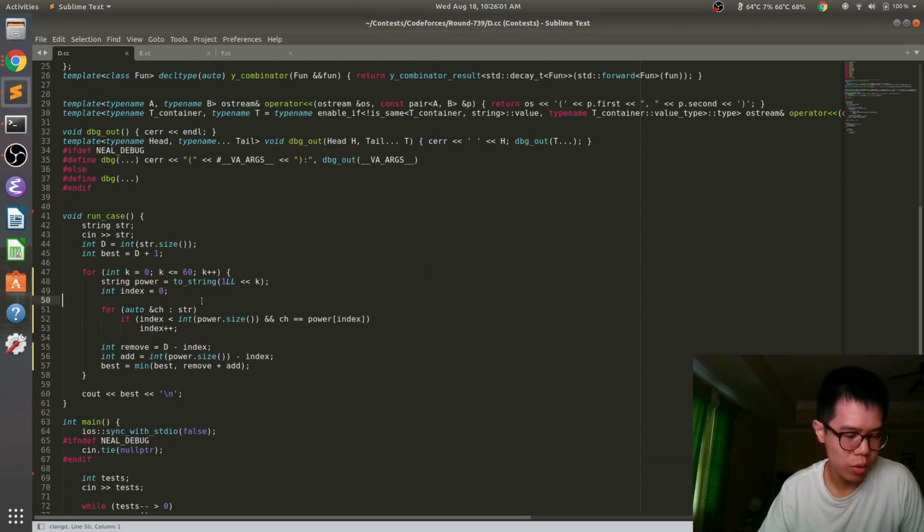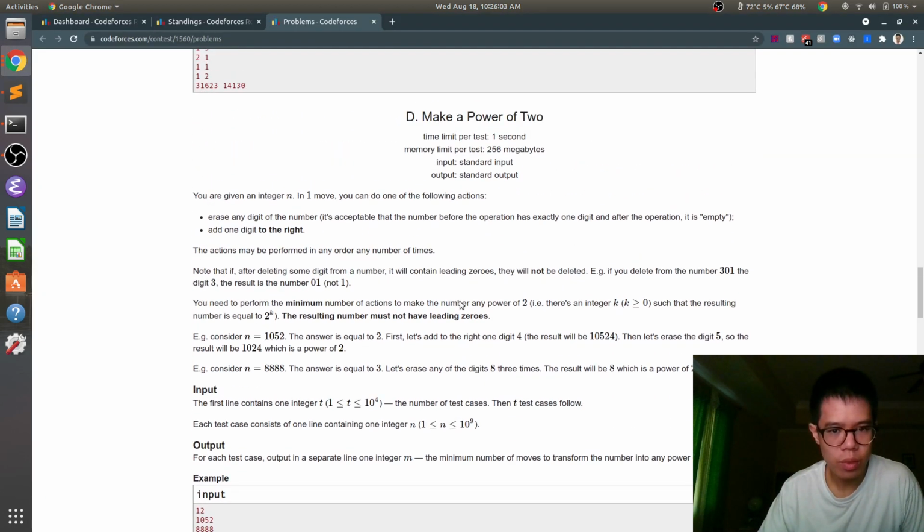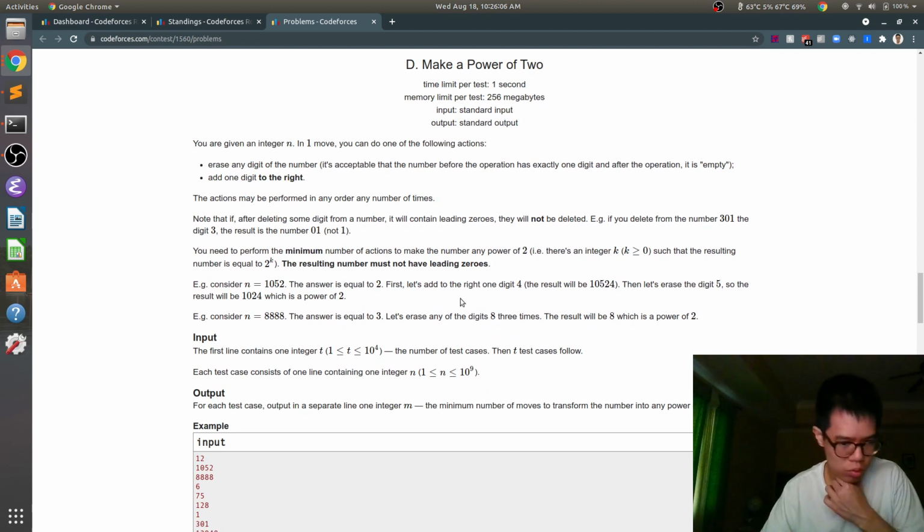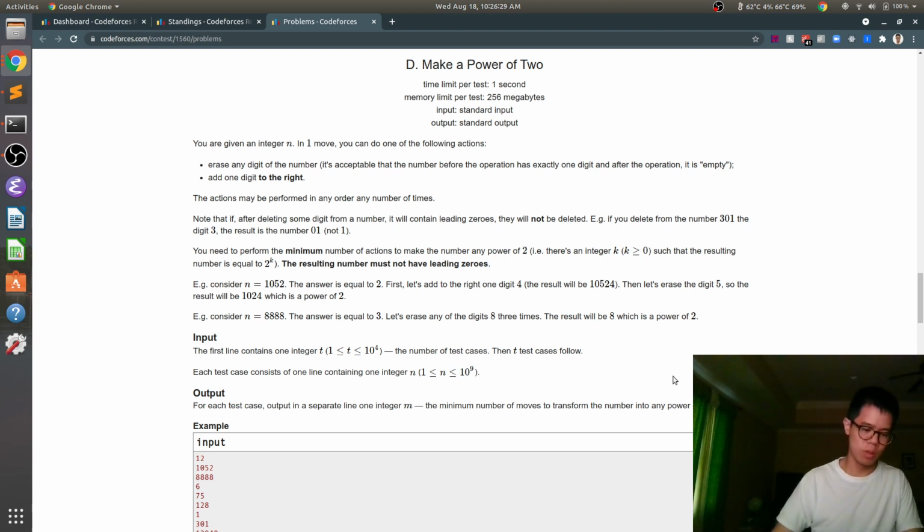Basically, we only need to consider powers of 2 up to 2 to the 60. The reason is I'm going to claim that you never need more than 9 operations. There's 2 cases. One case is specifically 10 to the 9th: you remove all the zeros, and that takes 9 operations, and you end up with 1.